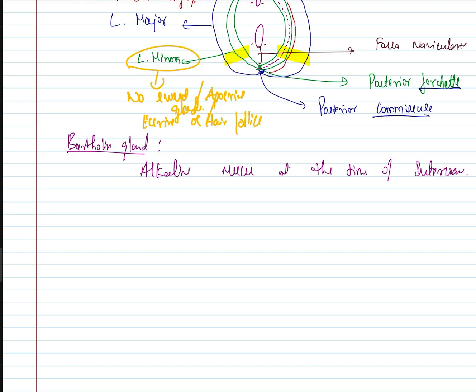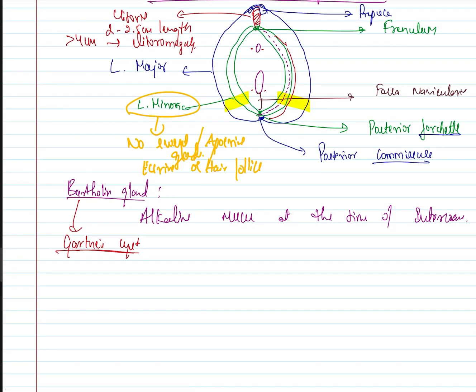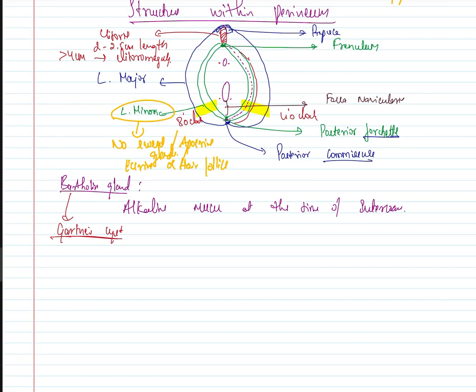You have to differentiate this Bartholin's from Gartner's cyst. How do you differentiate? I have already told you, Bartholin's are usually at 4 o'clock and 8 o'clock, between labia majora and labia minora. Gartner's cyst can be anywhere, and mostly they will be anterior, and this is how you differentiate it from the Bartholin's cyst.